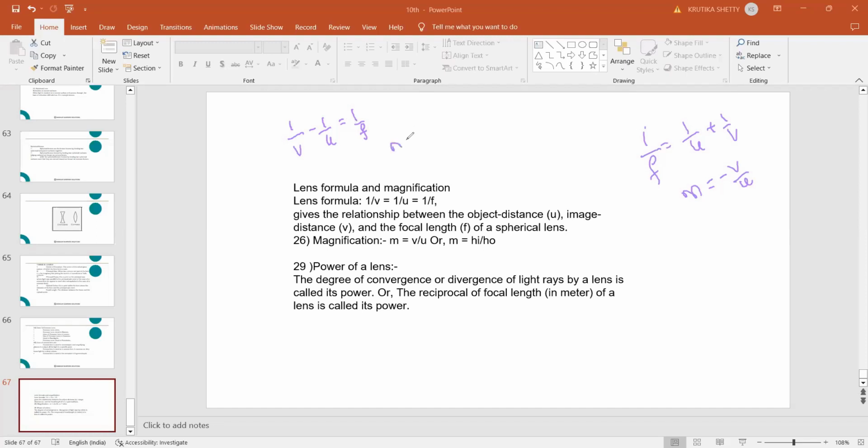Here the magnification is given by v divided by u. You can compare for mirror and lenses: the mirror formula has a plus, the lens formula has a minus; mirror magnification has a minus, lens magnification has a plus. The common formula is that magnification is the height of the image to the height of the object. It is the same for both lens and mirror.